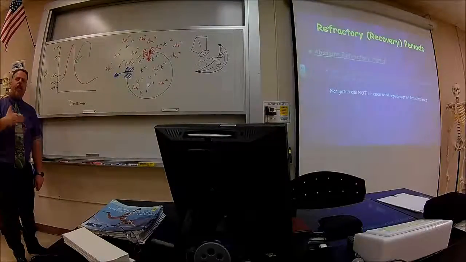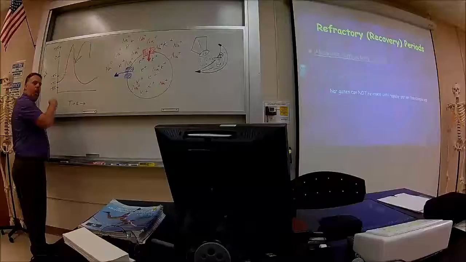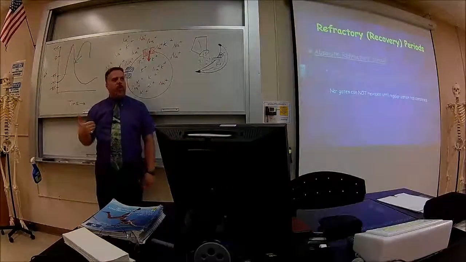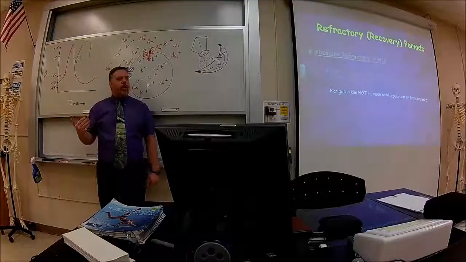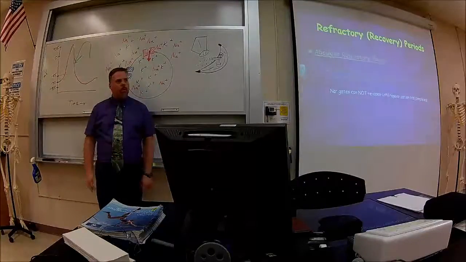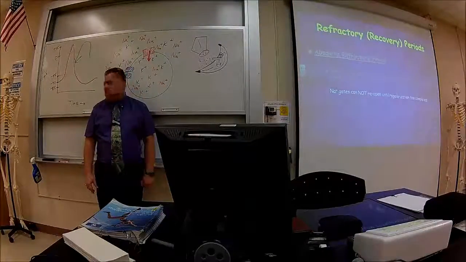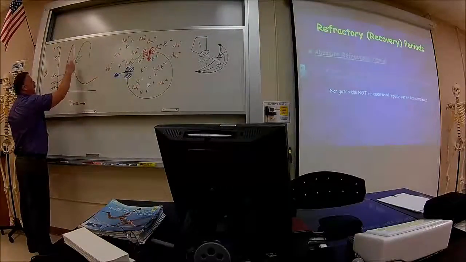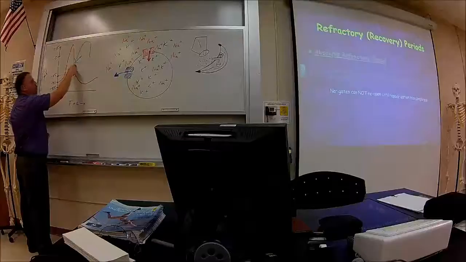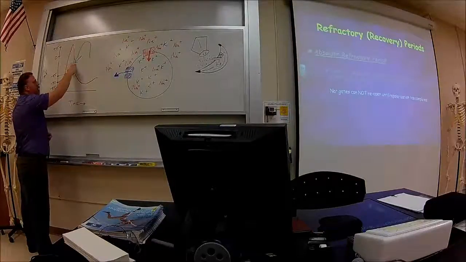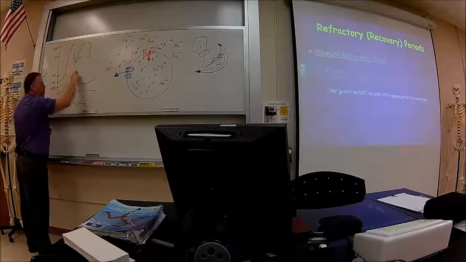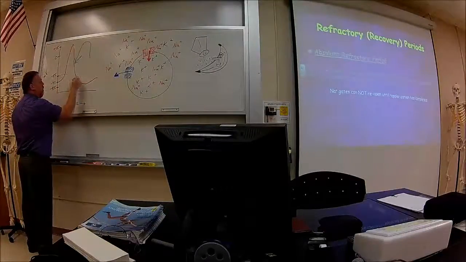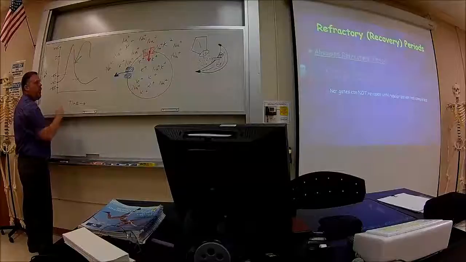So that's why we can't do another one if the other one behind it is still in the refractory period. Yeah. Is that the negative 55 or negative 70? Negative 70. If I do this at, let's say, I don't know, negative 40, it's not going to do anything. It still has to reach the end of the refractory period, it has to reach here.